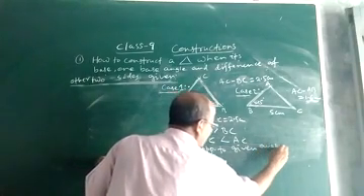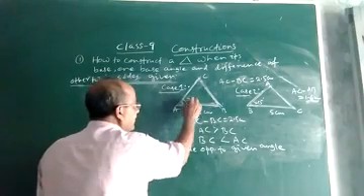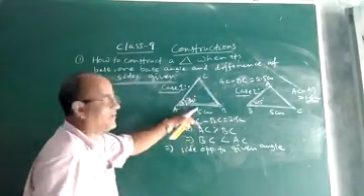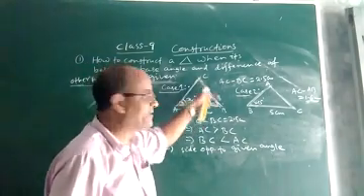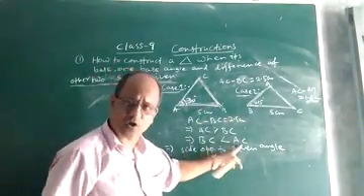BC is the side opposite to this given angle. Here the given angle is A and BC is the opposite side of given angle A, that I am writing. BC is less than AC, we got.